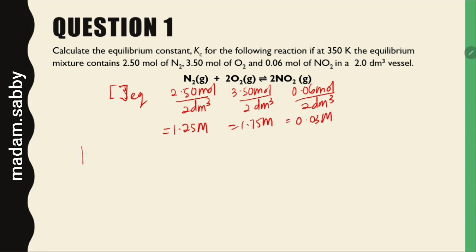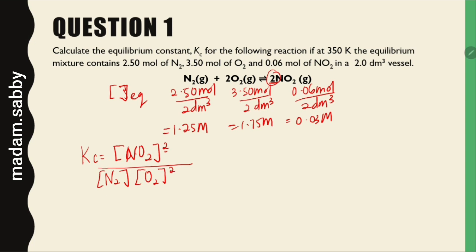So let's write down the Kc expression first. For Kc, we use square brackets to represent the concentration. The product is NO2, concentration to the power of 2, because the stoichiometric coefficient of NO2 in the equation is 2, so make it a power. And then the concentration of N2 times the concentration of O2 to the power of 2 again.